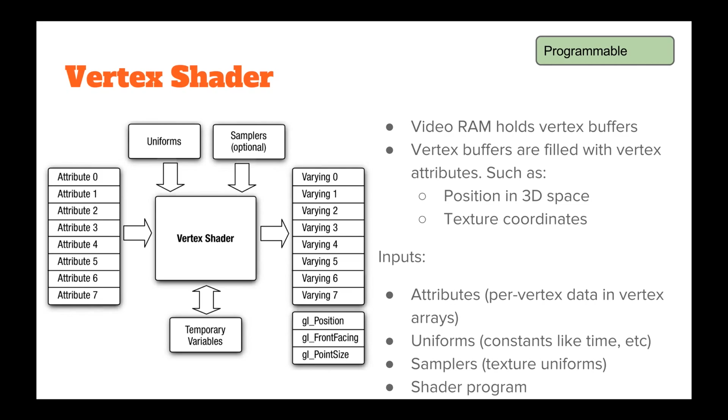So if your application wants to draw a cube, it's drawing 8 vertices, it'll set a uniform once and then draw all 8 vertices, and that uniform is going to be unchanging for each of these vertices. The uniform could be your model view projection matrix, or it could be a position of a light, for example, that's unchanging for each vertex, obviously.